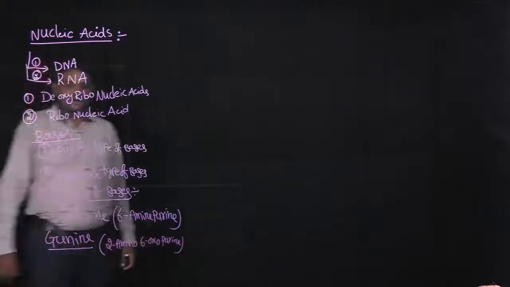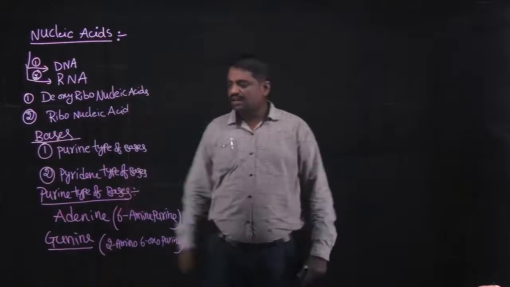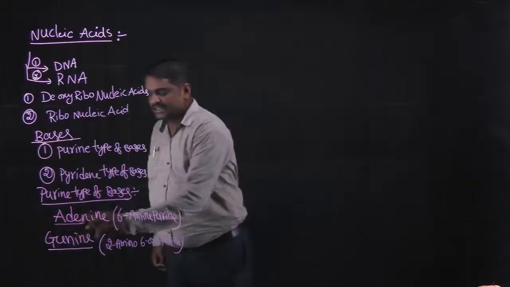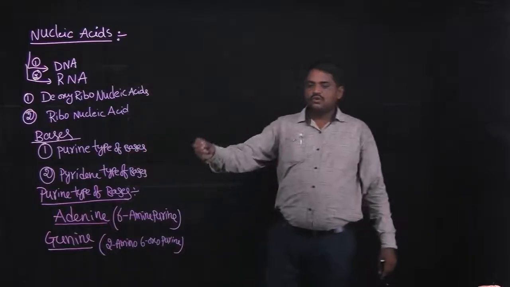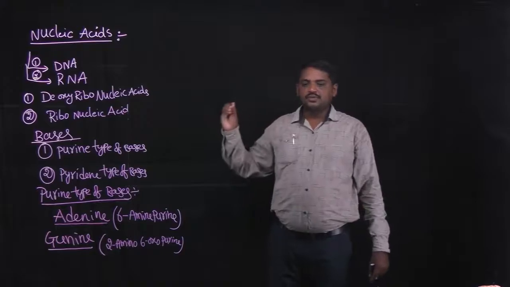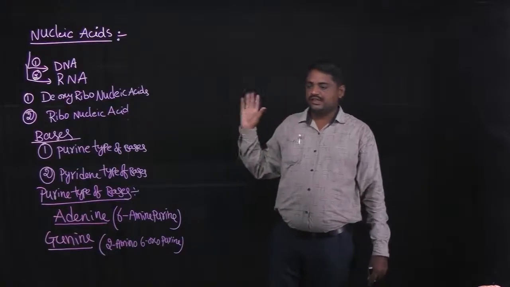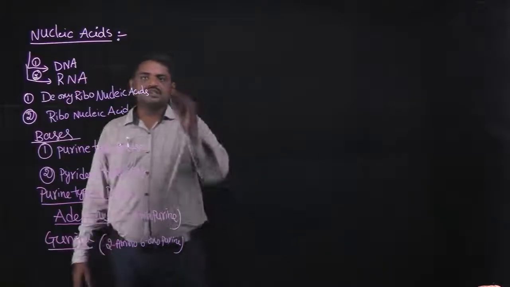So adenine and guanine both are purine type of bases.